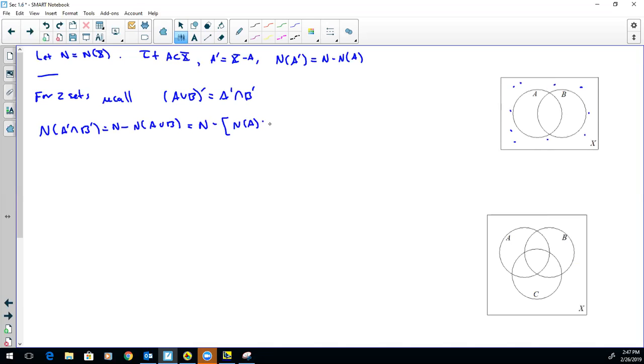N of A plus N of B minus the number in the intersection. So the number of things that aren't in A and aren't in B are the total number of things in the set minus the number that are in A, minus the number that are in B, plus the number that are in the intersection of A and B.